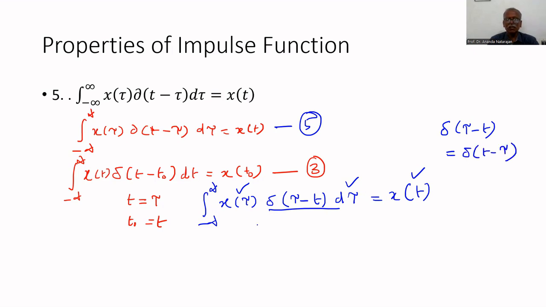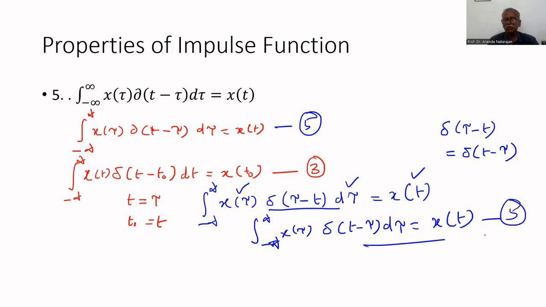If you replace this using that even property, you get the integral of x of tau δ(t minus tau) d tau equals x of t. So we got the fifth property. This is called the convolution integral. It has a lot of applications. We'll see later.